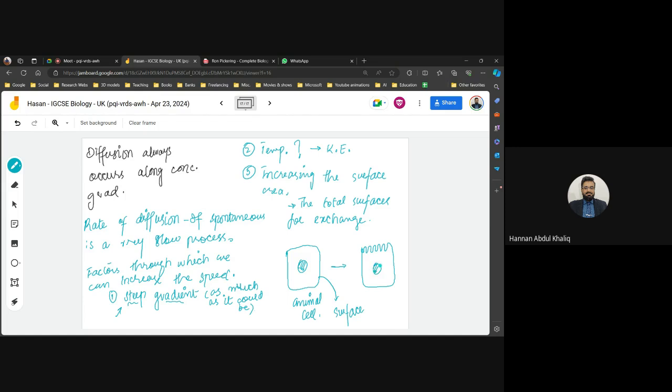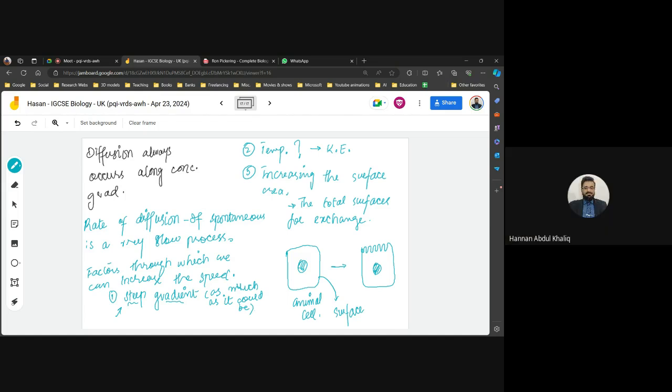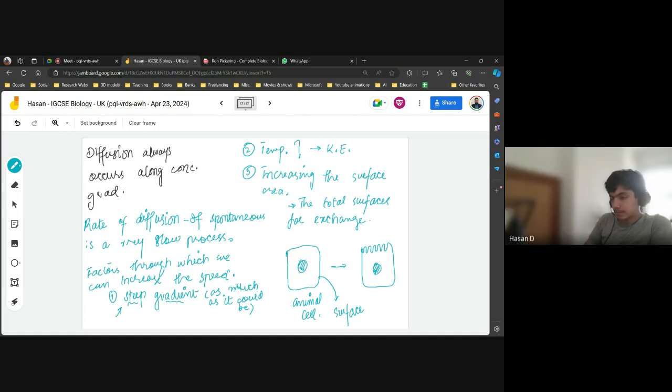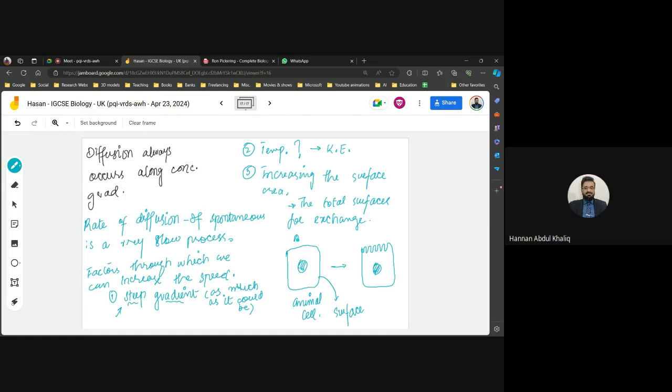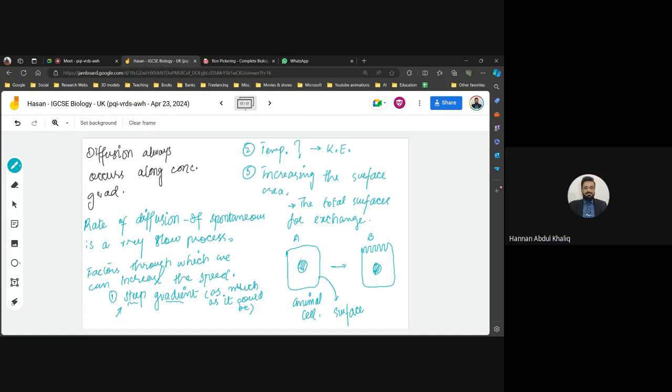Which cell has more surfaces? Which cell has the higher surface area? The second one, the right one, or if I say the B one. This is the meaning of surface area.